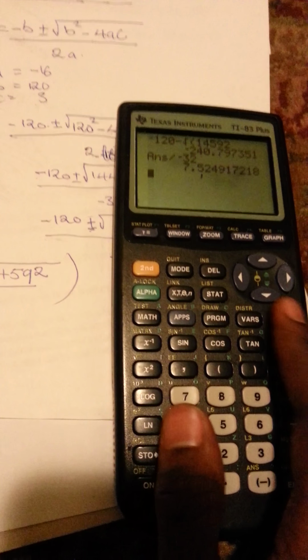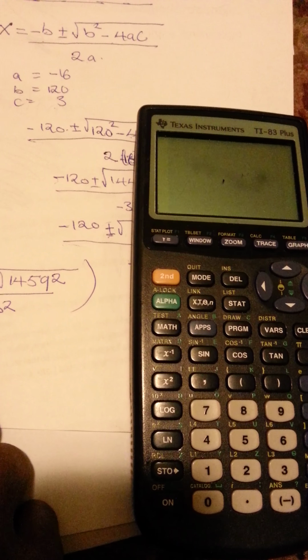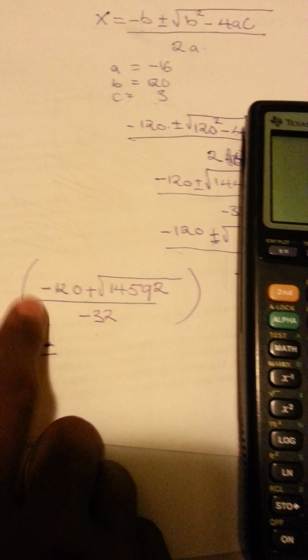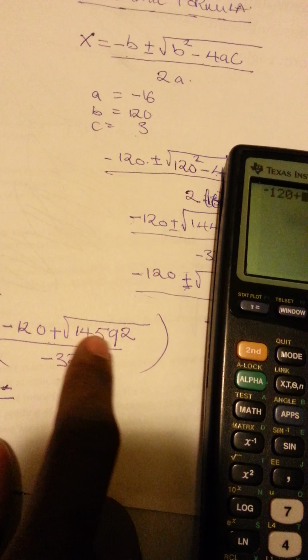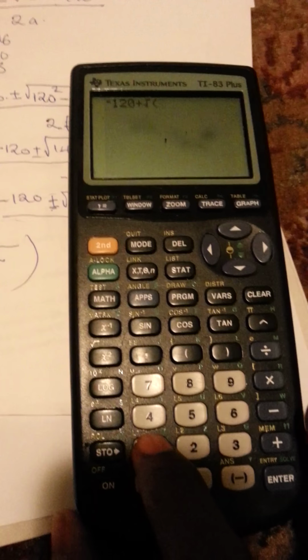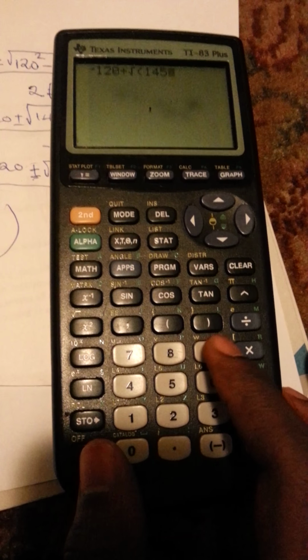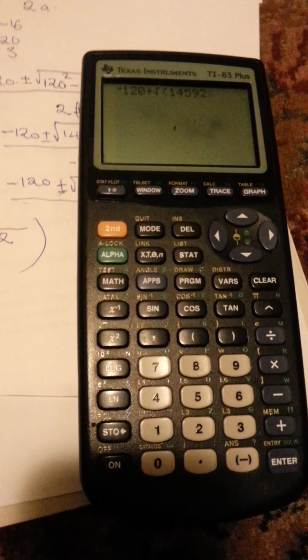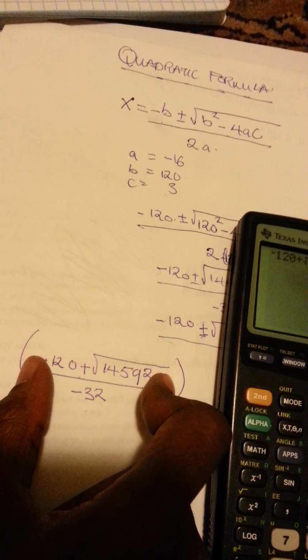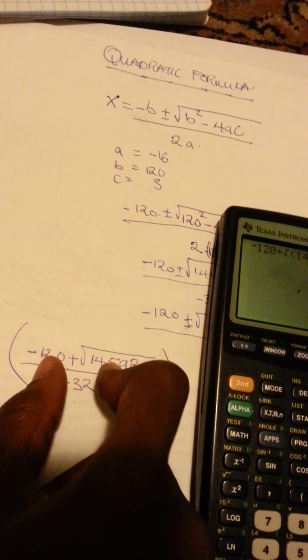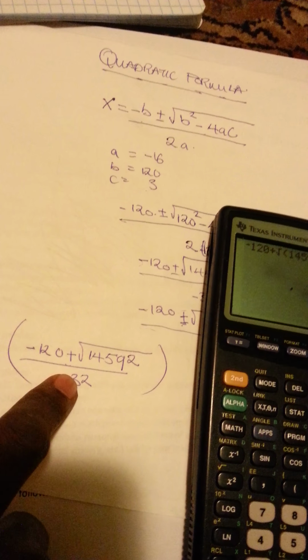Turn it on, clear, put in this number: negative 120 plus the square root of 14,592. Then hit enter to find the answer for this, then divide by negative 32.